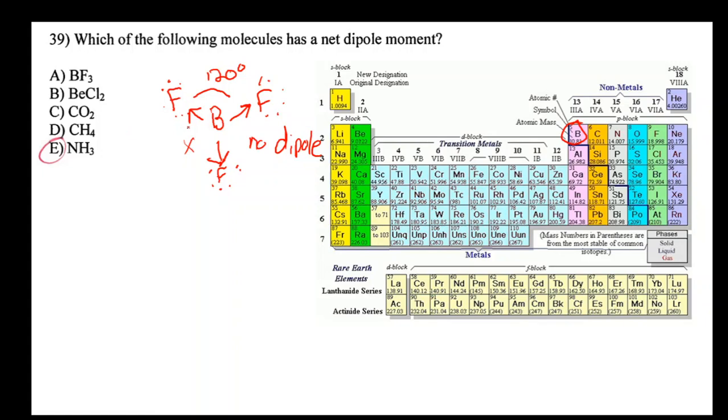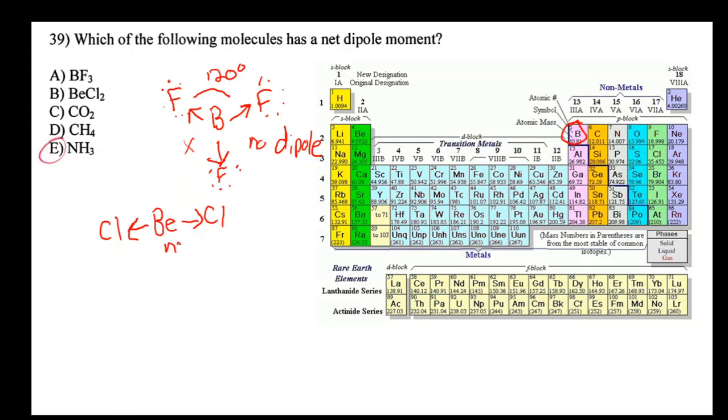The next one is BeCl2. Where's beryllium? That's right by lithium. In this case, it would look something like this, with the chlorine pulling the electrons this way, and the other chlorine pulling the electrons that way. It's a classic tug-of-war scenario, so the rope doesn't actually go anywhere.